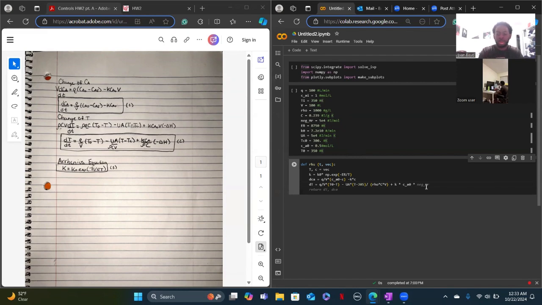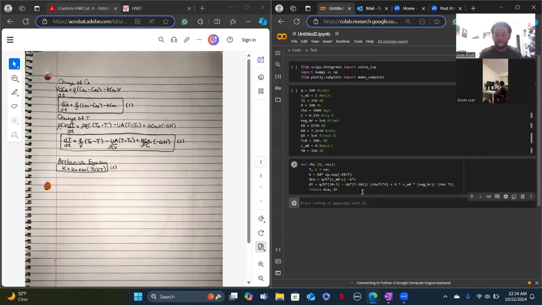And then times our negative enthalpy, so we have that stated as negative HR, then divided by rho times specific heat. Okay. So let's return this. Return dCA and dT. Okay.